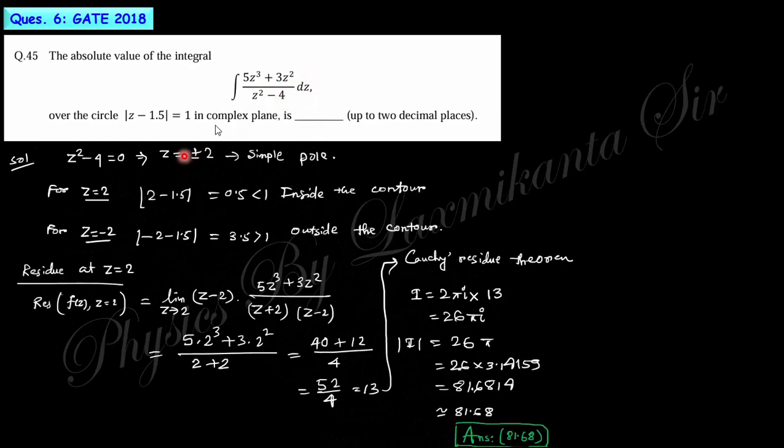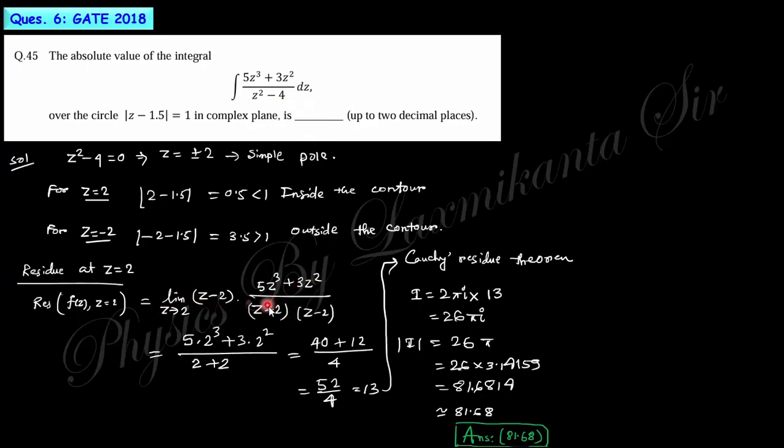Next question, the value of this integral. For that we check the pole singularities. These are simple poles at z equals 1 and 2, and you can see z equals 1 and 2 are inside the circle, and z equals minus 2 is outside the circle or contour. So only the residue at z equals 2 needs to be found, and the formula is like that: multiply by z minus 2.